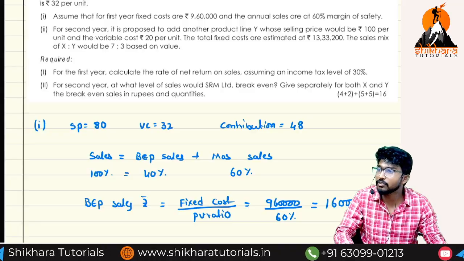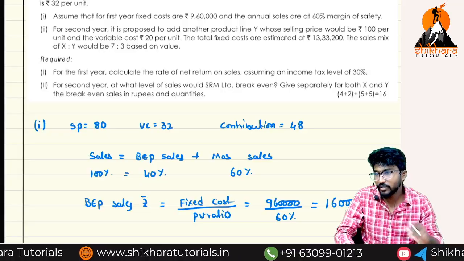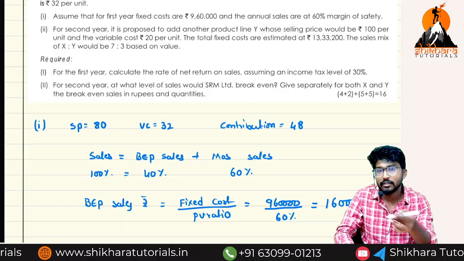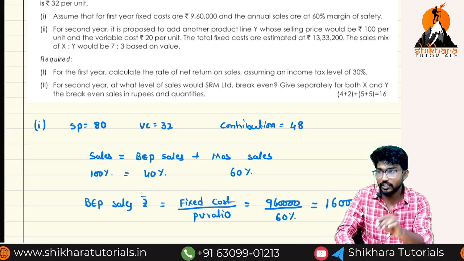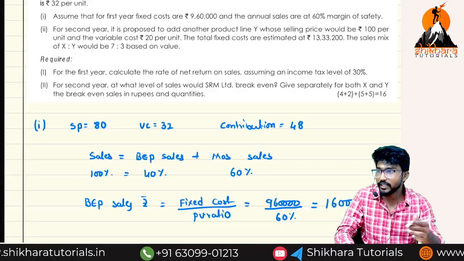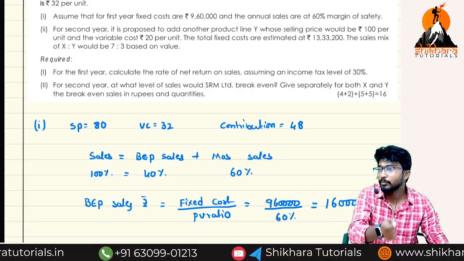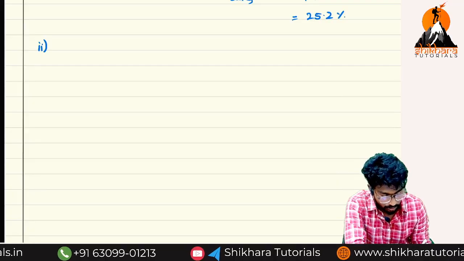How will you get PV ratio per batch? PV ratio into weight of the share. PV ratio of A into weight, PV ratio of B into weight. You will get the combined PV ratio. Now, how many products?